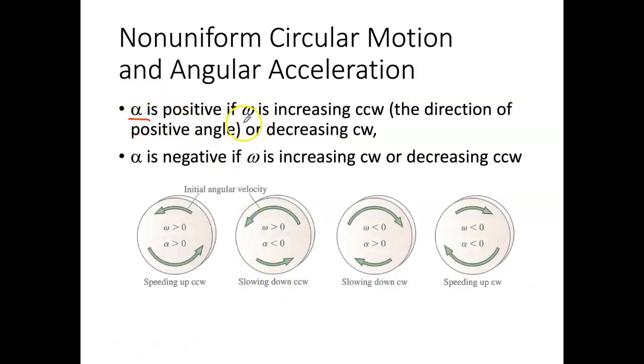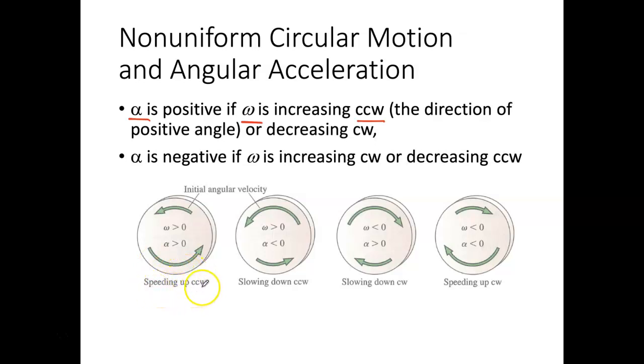Alpha is positive if omega is increasing counterclockwise. So if I'm accelerating while I'm traveling in the same direction, then I will have a positive alpha, a positive acceleration. If I am slowing down, then my acceleration is negative. Here acceleration is positive because my speed is going in the same direction.